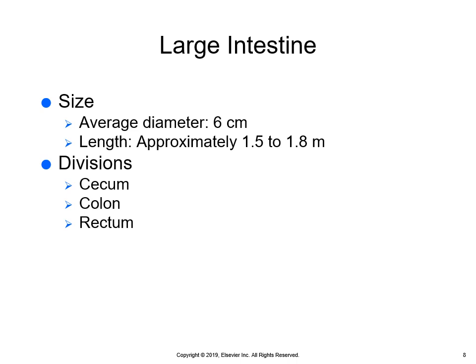So again, the key functions of the large intestine, we have that water absorption. So it basically prevents dehydration by reclaiming all of the water from digested food. We also have bacterial activity that happens here in the large intestine. So we have trillions of what we call beneficial bacteria.